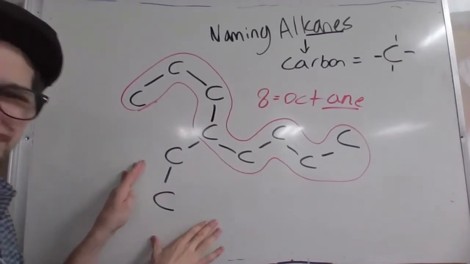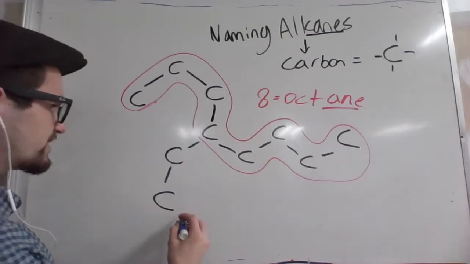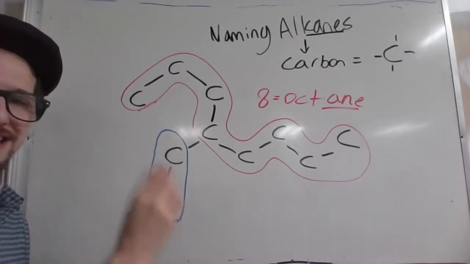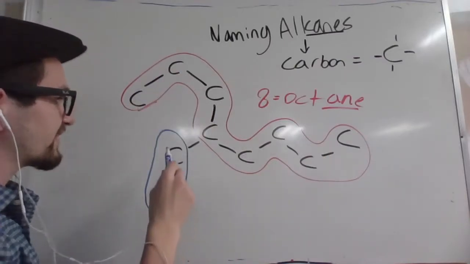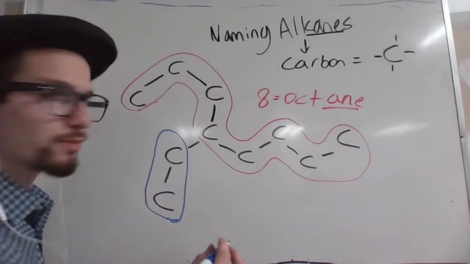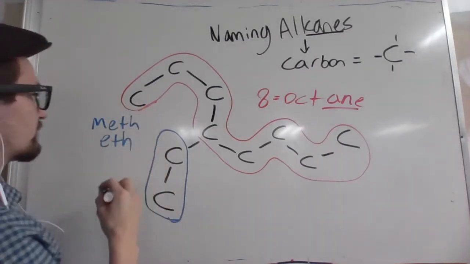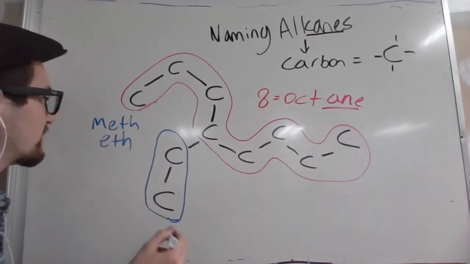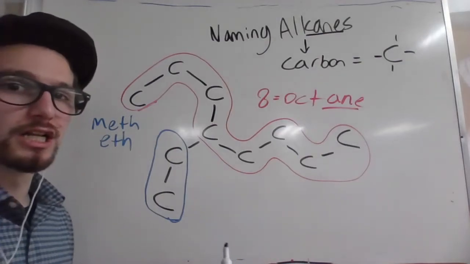Now, what happens with these two that we didn't end up using? That's kind of awkward. So these guys, we would need to give a separate name because this is our kind of side group. So the main chain is octane, but then we've got a separate little group. And these guys have a slightly different way of naming. So we're still going to use meth, eth, prop, but, all those prefixes, except for the smaller ones, instead of saying ane, we're going to use yl.